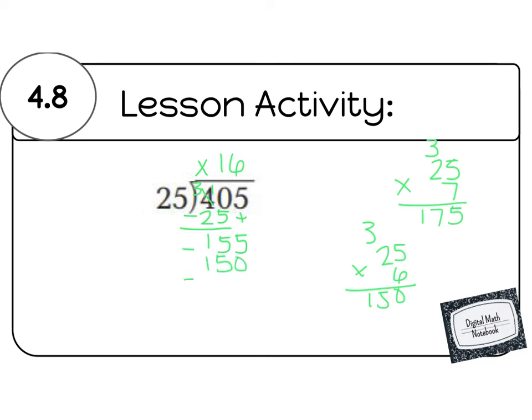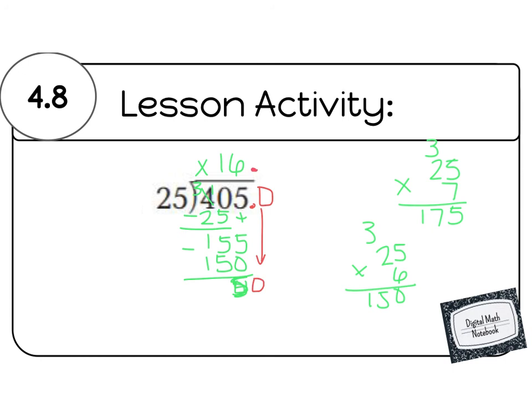But when we subtract, we're left over with 5. Uh-oh, that's a problem. We can't have any remainders. So we're going to add a decimal because we know it's there, even if we don't see it. And then add a 0 because that doesn't change the value of our number, and bring that 0 on down. 25 goes into 50.